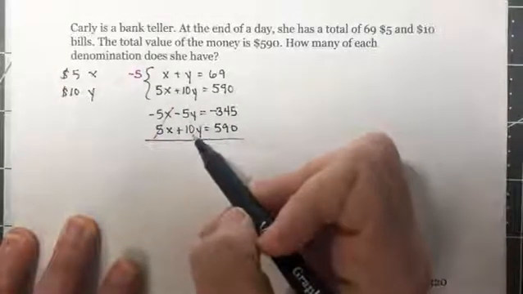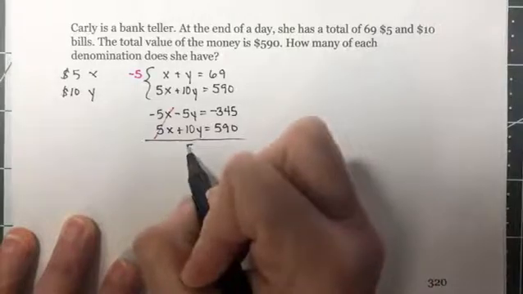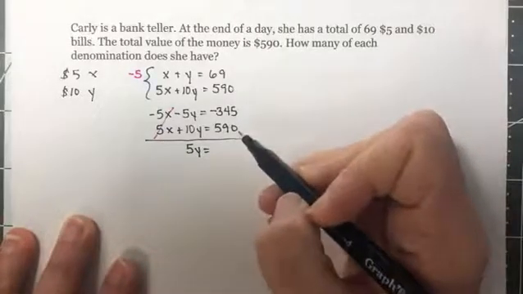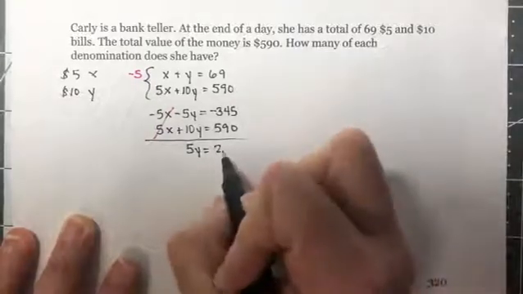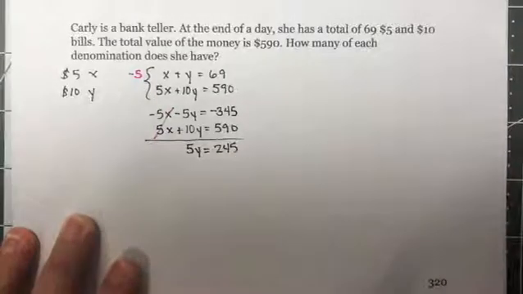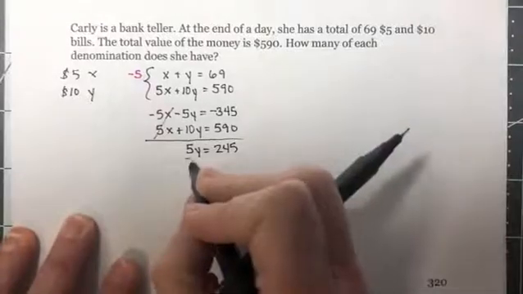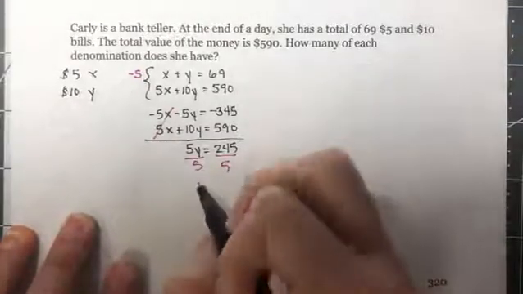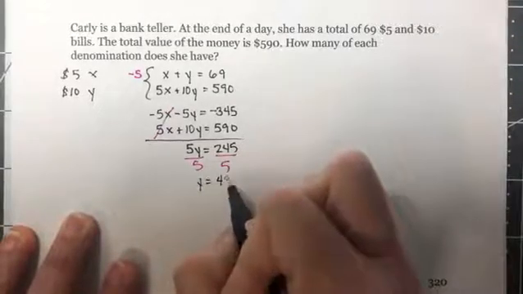I have negative 5 plus 10, so that's positive 5y, equal to negative 345 plus 590, which is 245. Divide both sides by 5, and we get y is equal to 49.